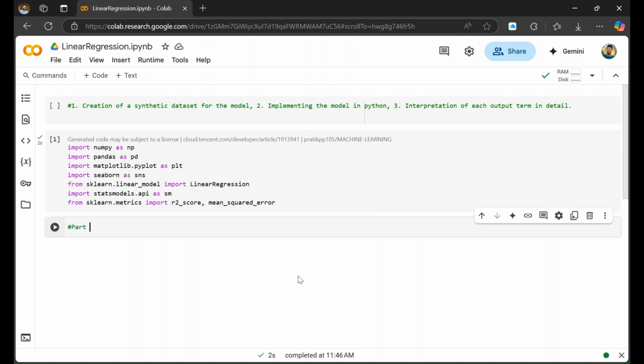Now let's create a data set. Here I'm creating a random data set. Otherwise, if you have your own data set, you can directly import that and run the model. Let's set the seed.